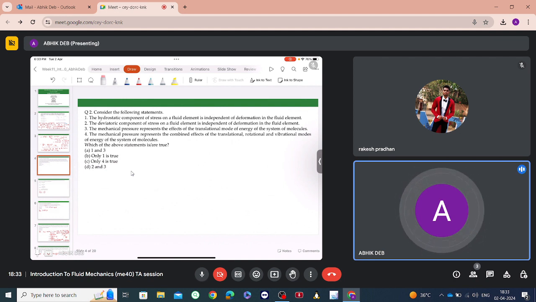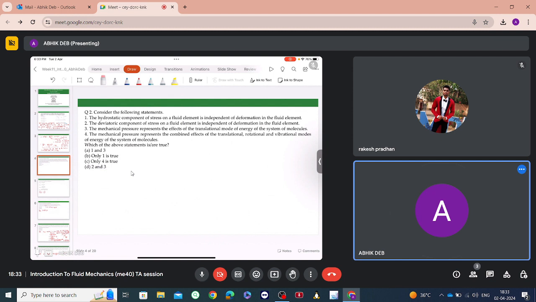The deviatoric component of stress on a fluid element is independent of the deformation in the fluid element. The mechanical pressure represents the effect of the translational mode of energy of the system of molecules, and the thermodynamic pressure represents the combined effects of translational, rotational, and vibrational modes of energy of the system of molecules. Which of the following statements is or are true?